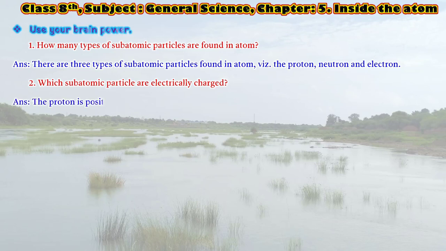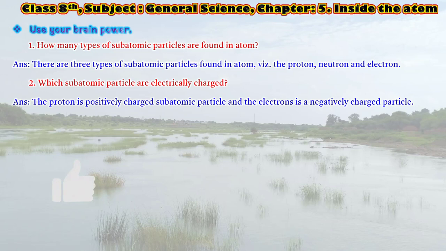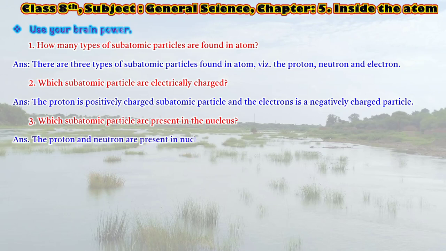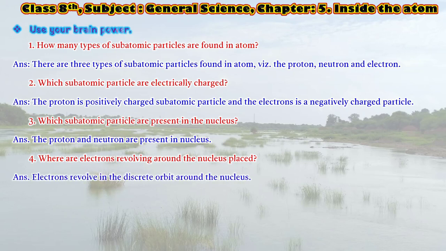Answer is: the proton is a positively charged subatomic particle and the electron is a negatively charged particle. Third question. Which subatomic particles are present in the nucleus? Answer. The proton and neutron are present in the nucleus. Fourth question is: where are the electrons revolving around the nucleus placed? Answer. Electrons revolve in discrete orbits around the nucleus.